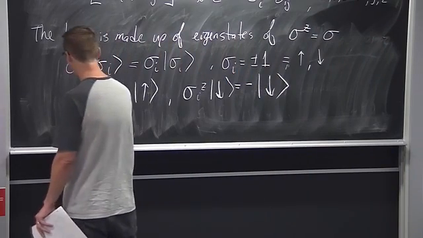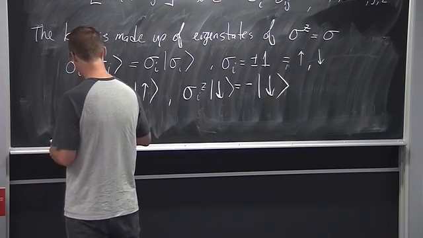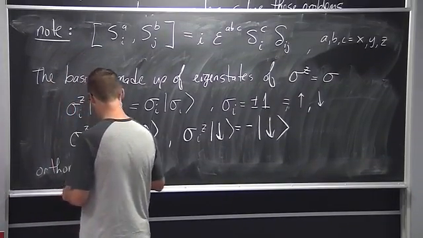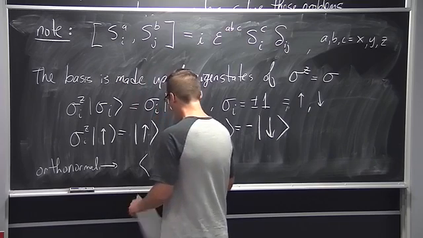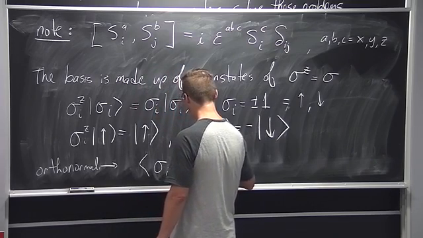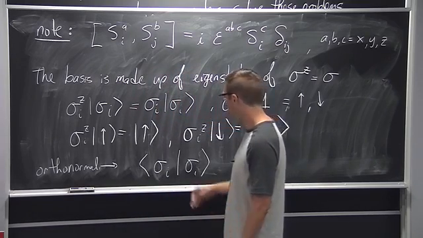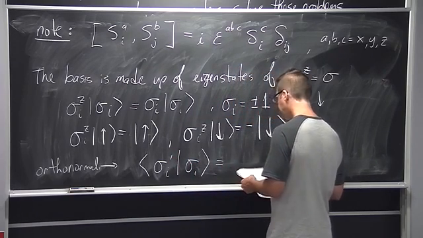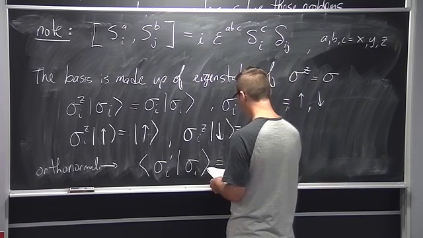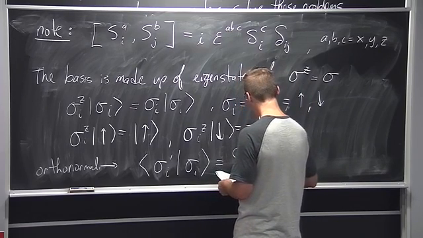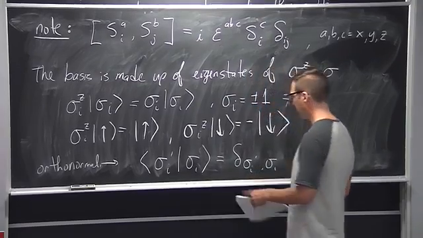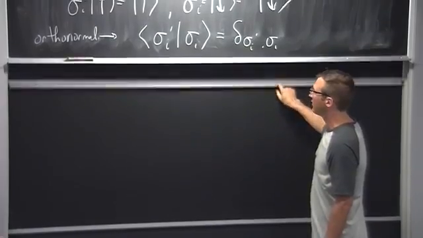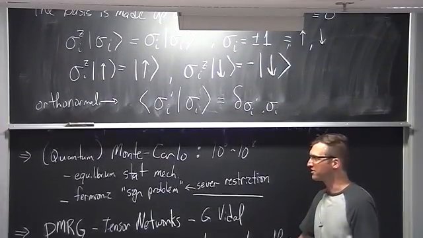So if I have on one site a primed and an unprimed basis state, you only get unity if they're the same state.